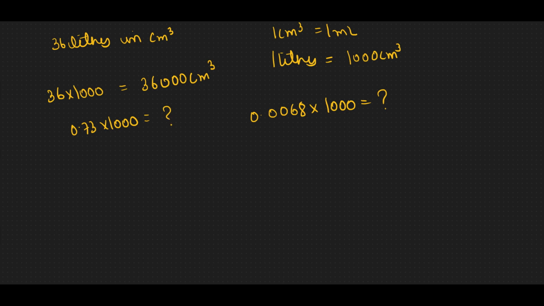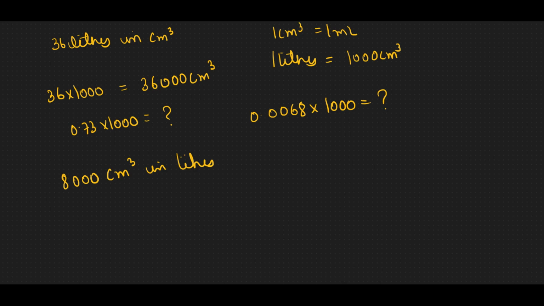Question number 3. Express in liters. So to convert centimeter cube in liter, what will we do? The question does not say it has to be centimeter cube, but we have to express in liters. So 8,000 centimeter cube in liters.